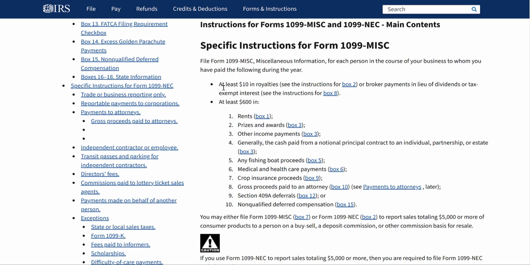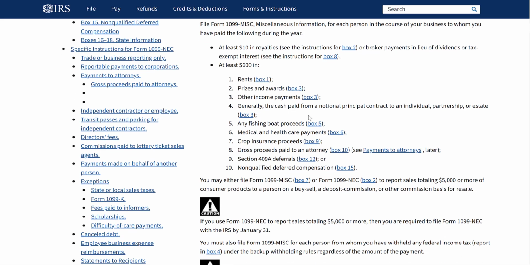At least $10 in royalties gets reported on 1099 Miscellaneous, or broker payments in lieu of dividends or tax-exempt interest. So there's a whole bunch of them. And then at least $600 in rents, prizes and awards, etc. Most commonly, you're probably looking at rent to a landlord, right? So rent that you pay for a business space is going to be included on 1099 Miscellaneous.